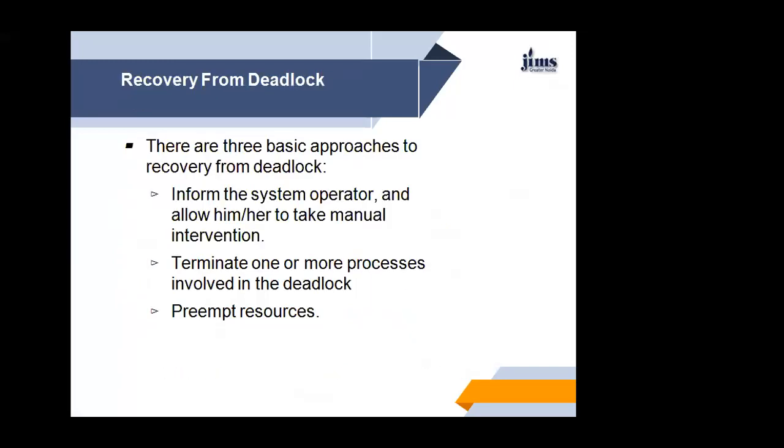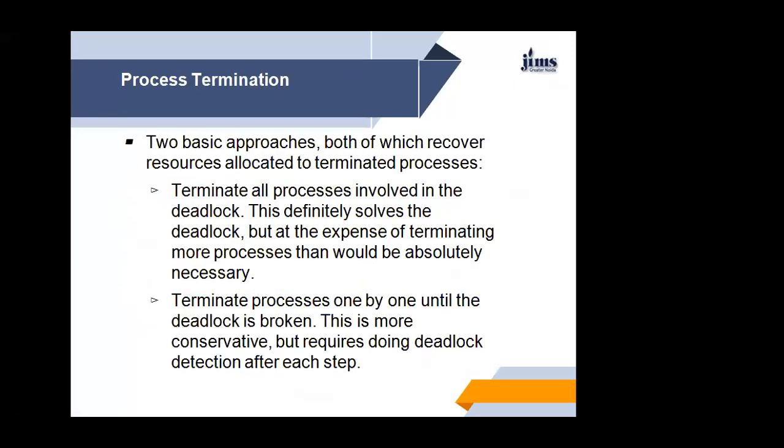Now recovery from deadlock. There are three basic approaches to recovery from deadlock. One is to inform the system operator and allow him or her to take manual intervention. Another is to terminate one or more processes involved in the deadlock. The third is to preempt resources. For process termination, there are two basic approaches, both of which recover resources allocated to terminated processes.